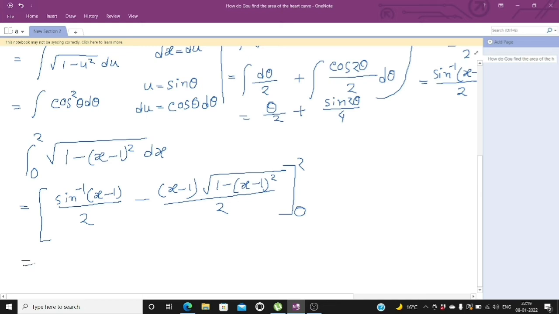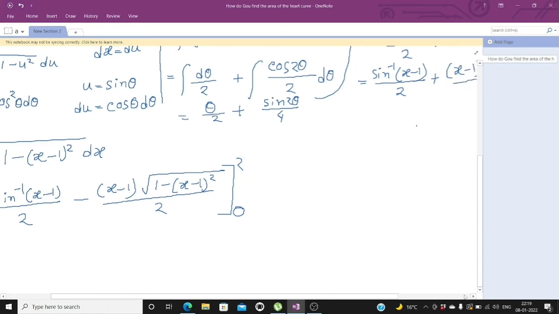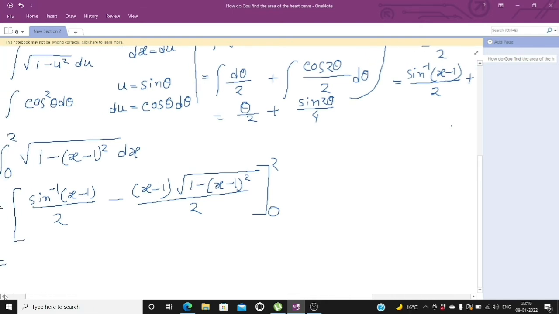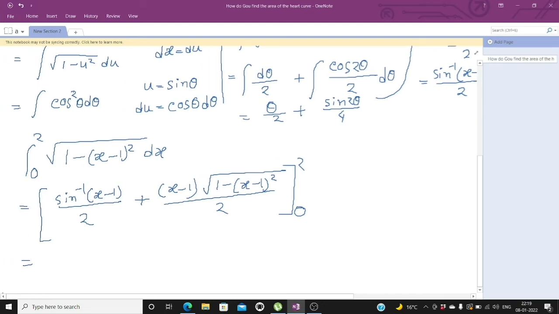So now if we put 2, I hope I wrote it perfectly, right? Let's check again. Oh sorry, there is a plus sign, I mistook it. Sorry, it will be plus. So if I put the value 2, sine inverse of (2 minus 1) by 2, that is sine inverse 1.